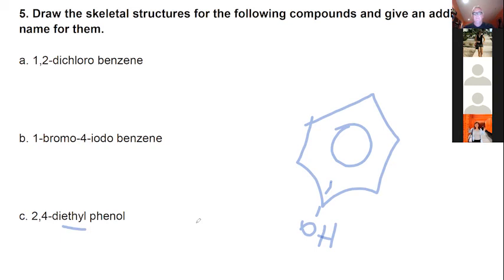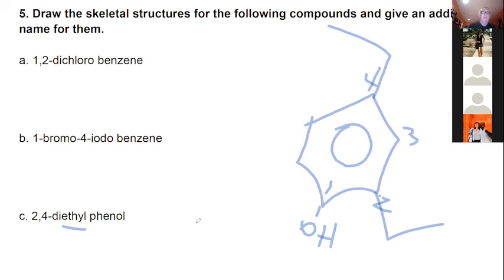2 and 4. So where would 2 be? To the left, or on the right, either way, right? It doesn't really matter. So let's put it there, 3, 4. So ethyl is just 1, 2, and then the ethyl group here, 1, 2. So what's another name I could give this?